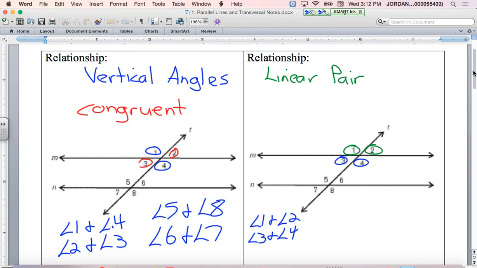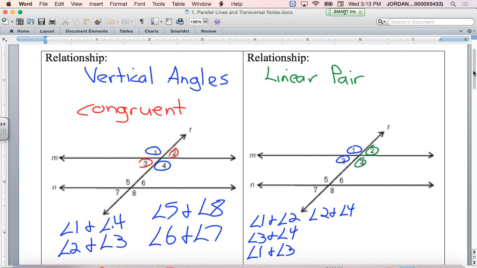But you also have a linear pair formed by angle 1 and angle 3 because they make the line T when you combine them. And then also angle 2 and angle 4 are a linear pair. So we've got to list all four of those, angle 1 and angle 3, and angle 2 and angle 4.